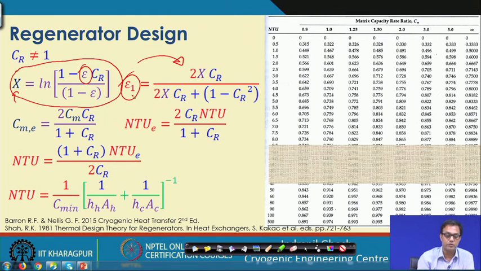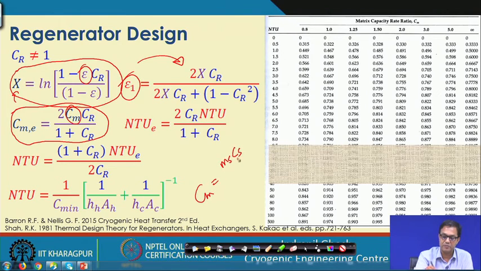This is the reduced value, but we do not have any idea about this CME, because CME contains Cm, and that Cm contains Ms Cs by m dot Cp. So, this Ms Cs, we do not have any idea about the amount of mass that is going to be there inside the regenerator.